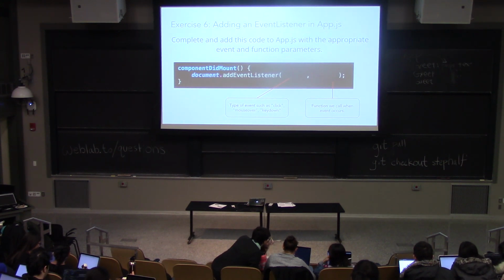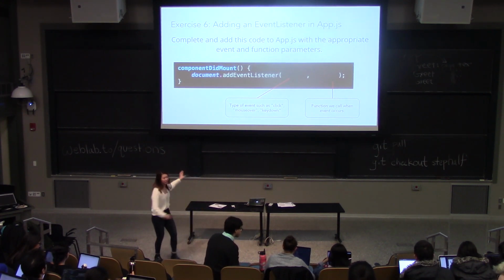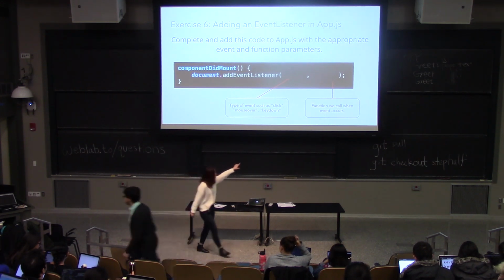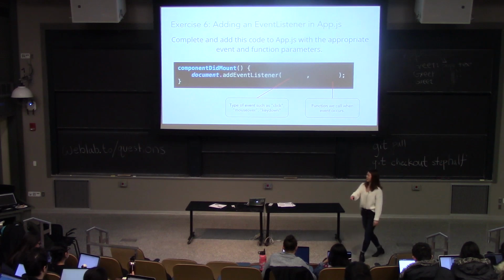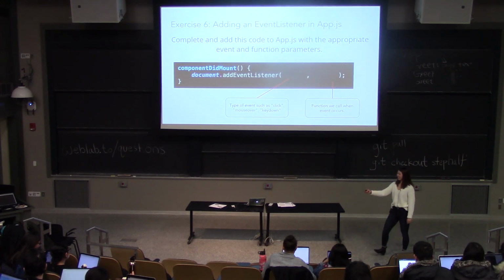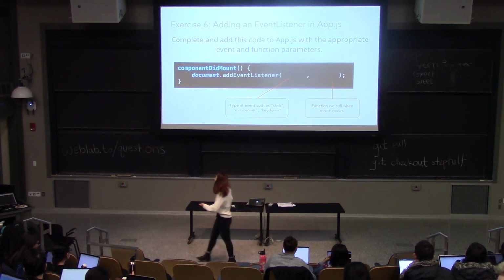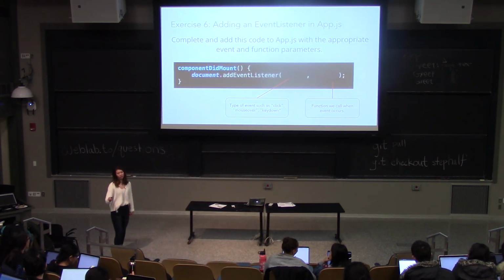So remember when we defined onKeyDown as a class function? If you want to refer to it in this function as the second parameter, you need to use this before. So this.onKeyDown. And if you remember a while ago, Alex explained why we need to do that. So make sure when you refer to a function you define, you do this.onKeyDown.